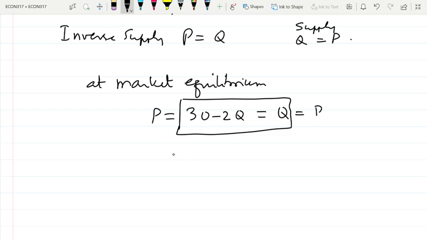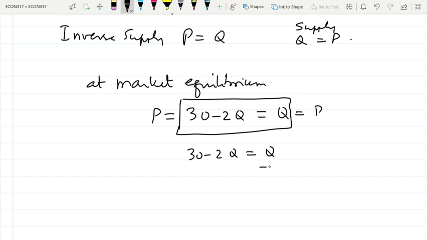So this is one equation in one unknown, and we should be able to solve. I have 30 minus 2Q equal to Q. I would like to keep all the unknowns on the left-hand side and the constants on the right-hand side.